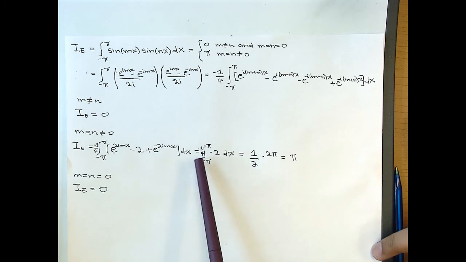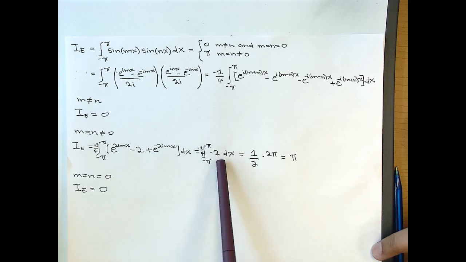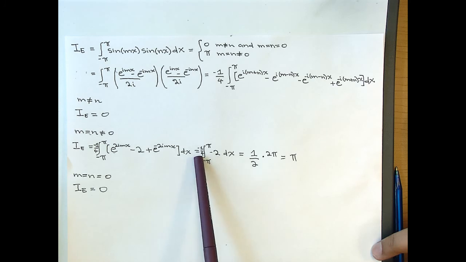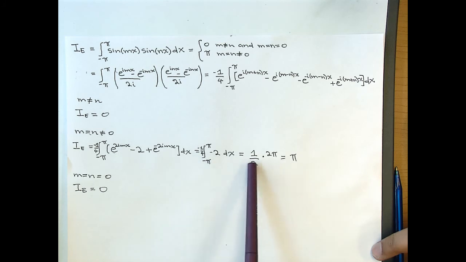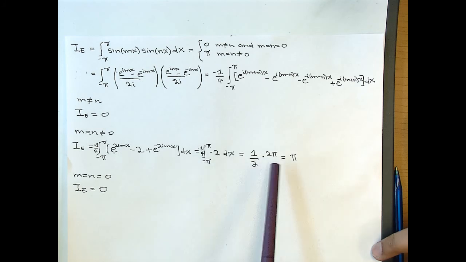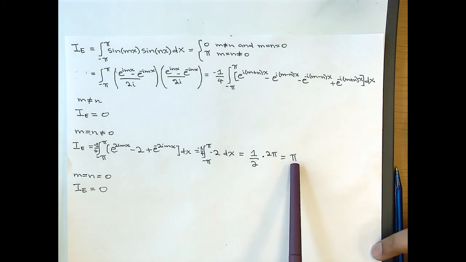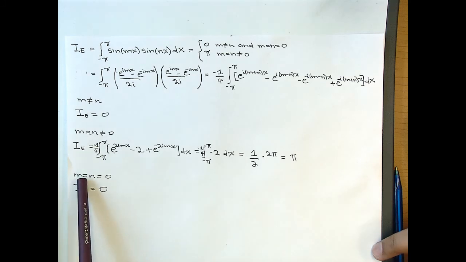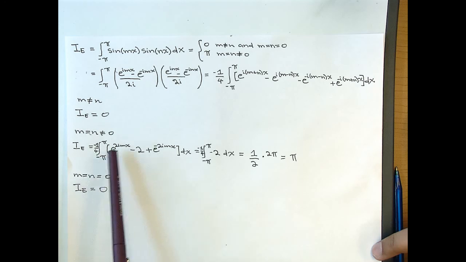So this will just leave us with the integral from negative pi to pi of minus 2 dx with a factor of negative 1/4 outside. If we evaluate this integral, it gives 2 pi, and this will just give us pi.